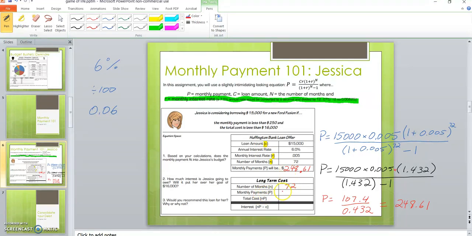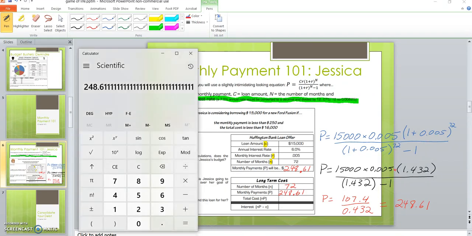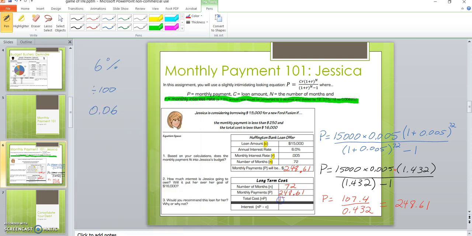My monthly payment, again, is $248.61, and the total cost is NP. If you recall from previously, when two letters are beside each other, that means to multiply. So I'm going to multiply the N, which is 72, times the P, which is 248.61. So my total cost is $17,899.92.